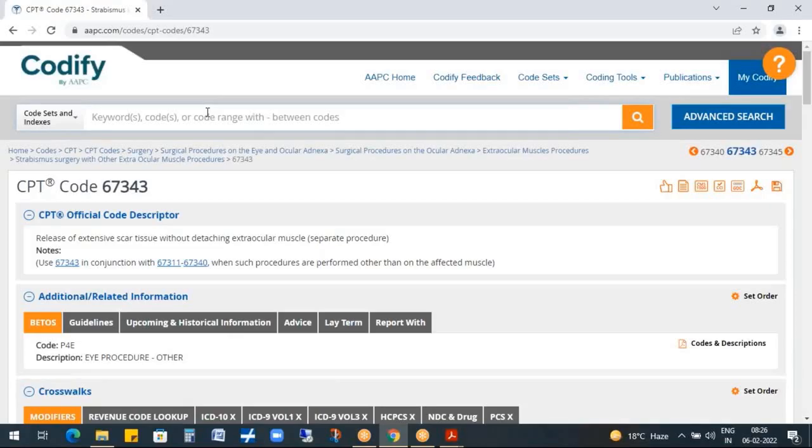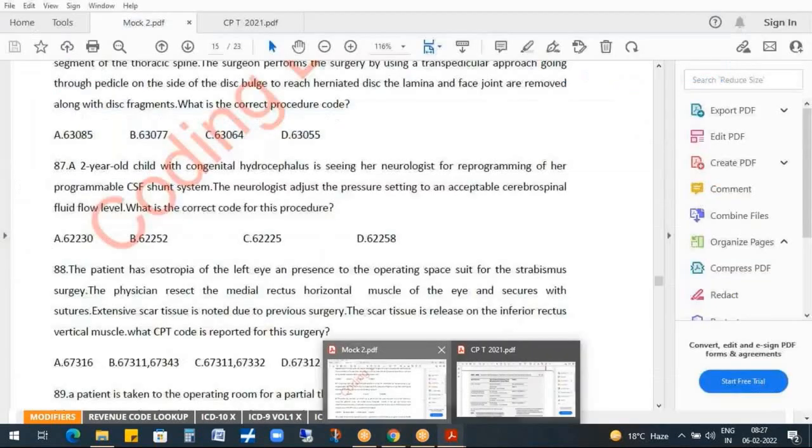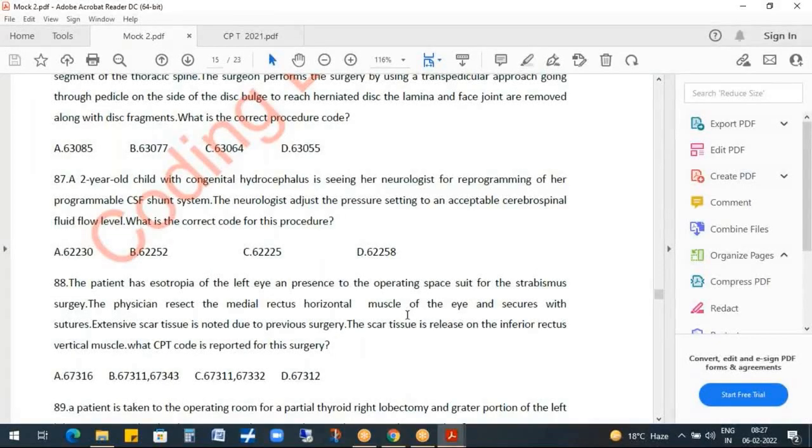If the primary procedure is performed on the affected muscle, then no need to code it. When it is performed on other than the affected muscle, you can use that one. So C is the correct answer. Understood now?